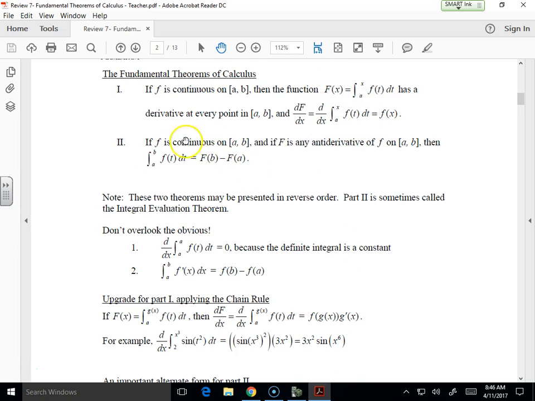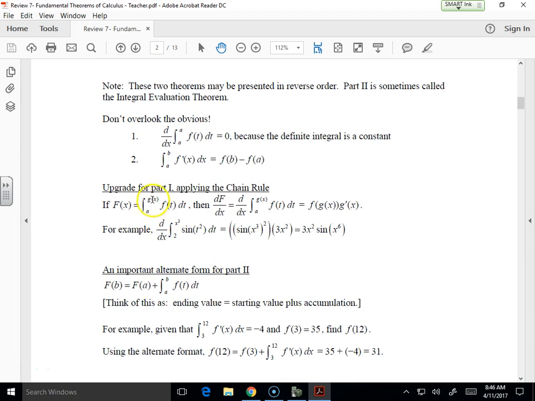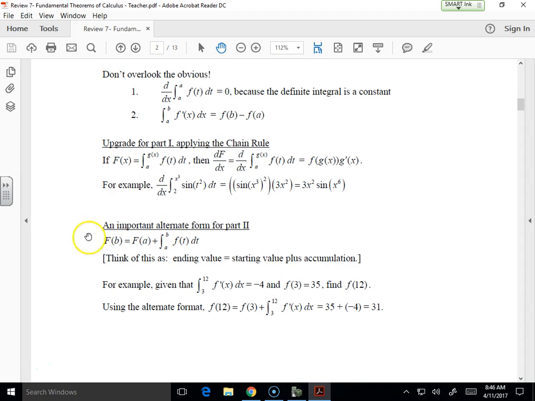You have part 1 right here. You have a couple funny things that might show up, like if you're taking the integral of a derivative, FTC will let you just go back to the original. That's the antiderivative. You have the A to U variation of FTC part 2, and then you have just a rearrangement, integration as net change. You can solve for the antiderivative of B by taking the initial plus the change.